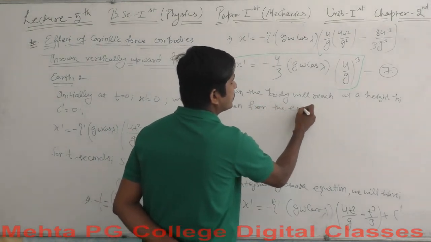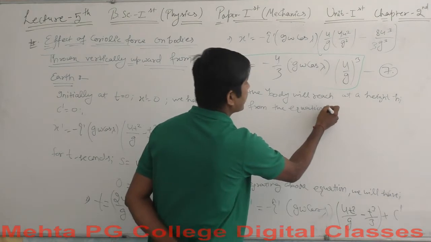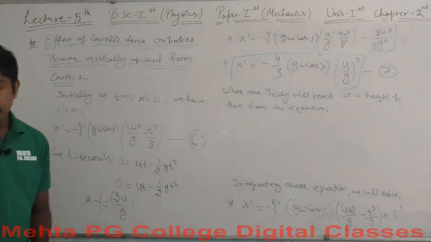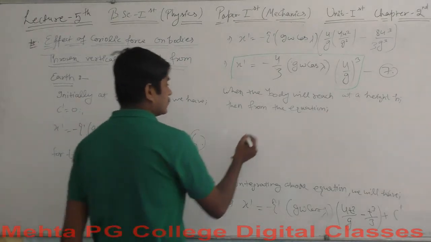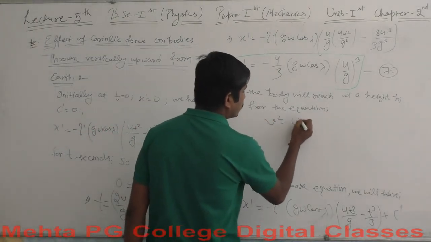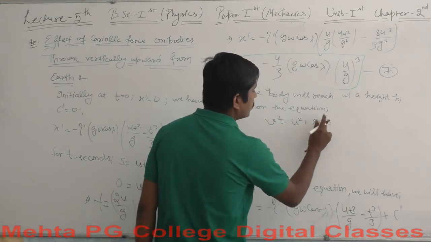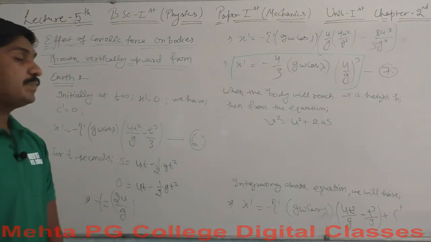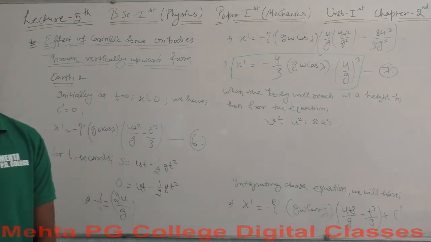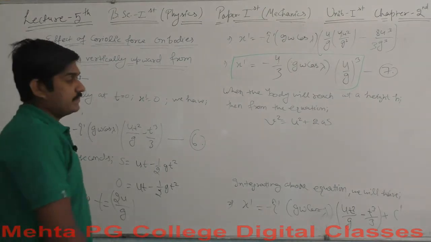Then from the equation we have one more equation, which is again the velocity relation, that is v square is equal to u square plus 2as. This is v square is equal to u square plus 2as, where a is the acceleration and s is the displacement. Okay.